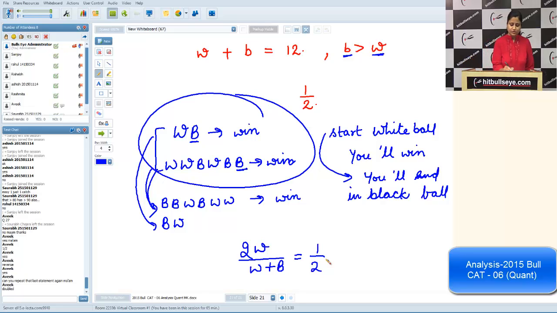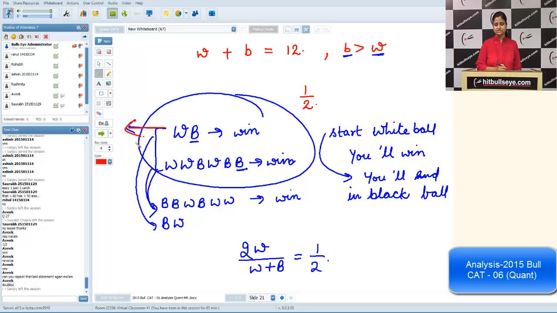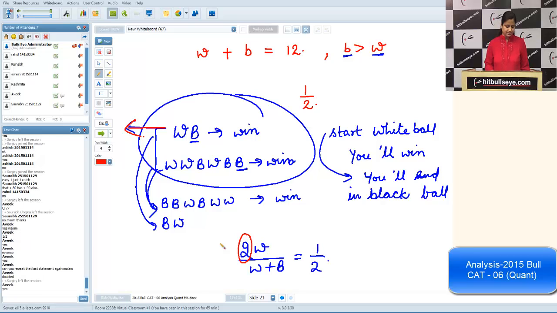Corresponding to every string which is starting with W, there will be a string which is starting with B, the reverse of that. So all the cases are doubled. That's why I'm taking 2 here. Now Avik, this winning probability is given as half. You can solve it.